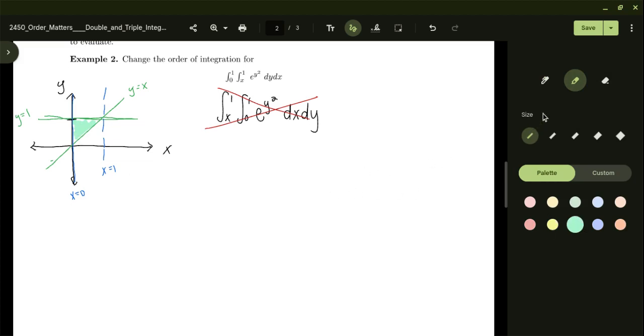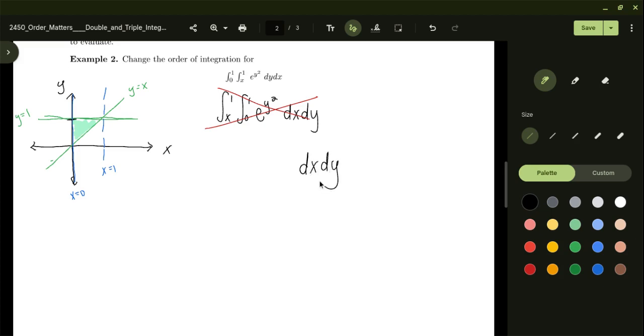So if I want to change my order to be dx dy for this function e to the y squared, our first integration bounds are going to be for x. And so we want to fix x between something that is a constant or a function with respect to y, since that's what we would be integrating over next.